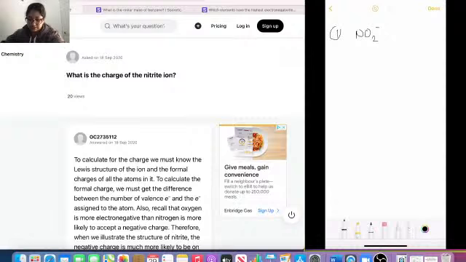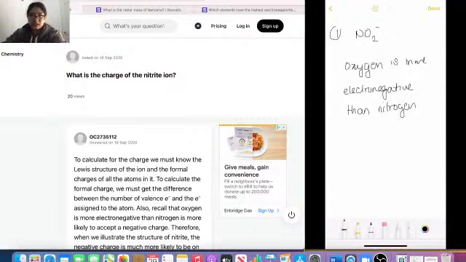So this is a covalent bond, right? When you're talking about polar covalence or non-polar covalence, you're actually talking about electronegativity. If you recall, oxygen is more electronegative than nitrogen.